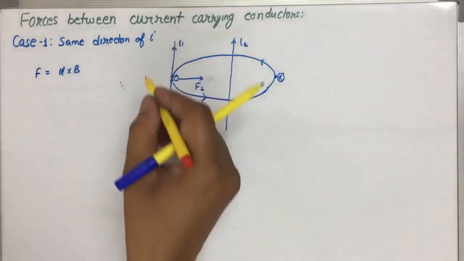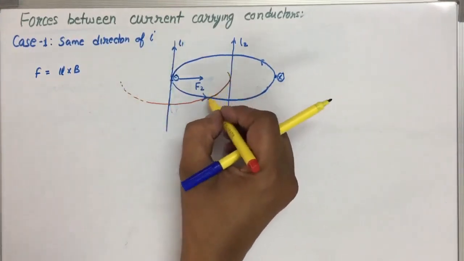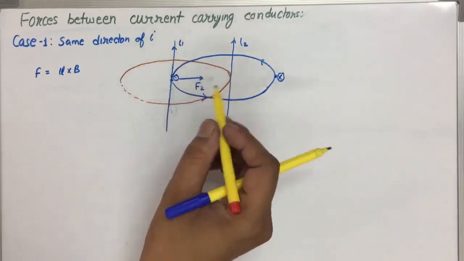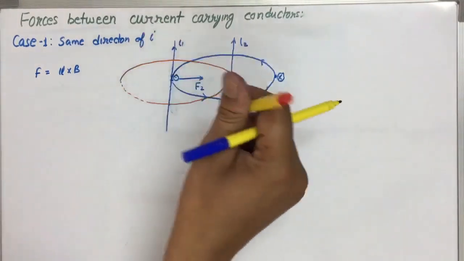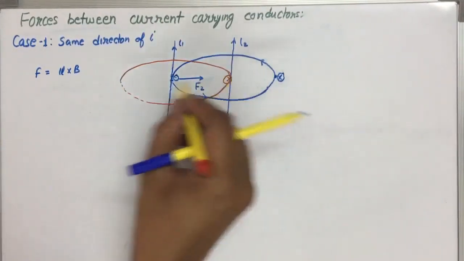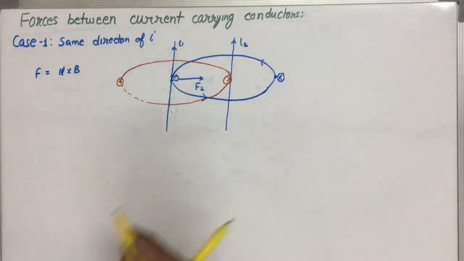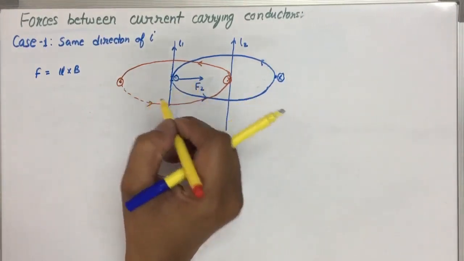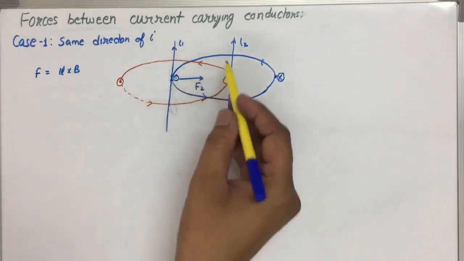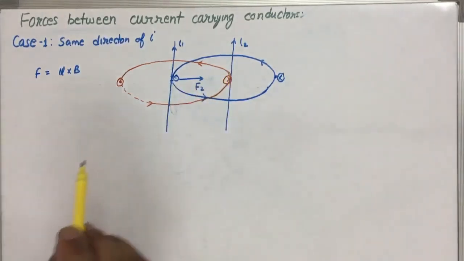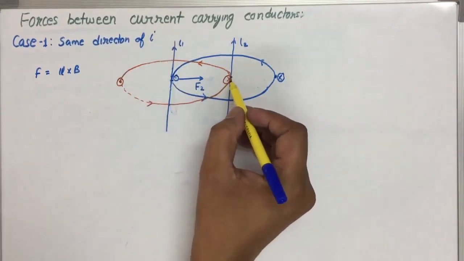So the magnetic field due to this will be like this, and due to this, at this point the direction of the field will be inward, and here it will be out of the board. So here also it will follow the anti-clockwise. Similarly, as we have found that the force at this point due to this is in this direction, let us find the force due to this at this point, that means this element.